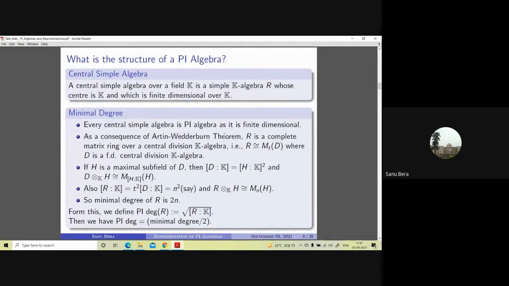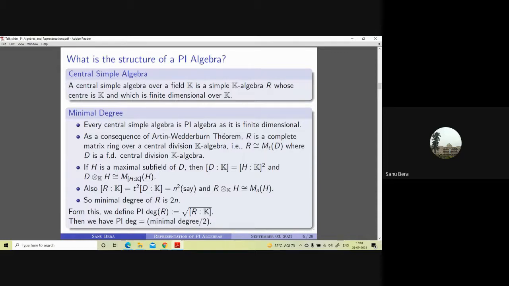We also assume in this definition that it is finite dimensional over k. But not all central simple algebras are finite dimensional. In the literature, the Weyl algebra in characteristic 0 is a central simple algebra but not finite dimensional. But in today's talk, all central simple algebras are finite dimensional. We have assumed that.